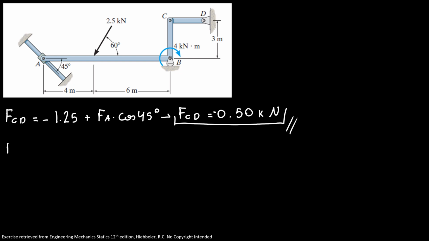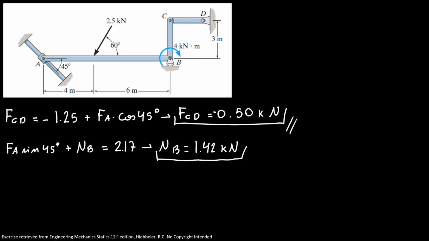And here I have FA sine of 45 degrees plus NB is equal to 2.17. So my NB is equal to 1.42 kilonewtons.